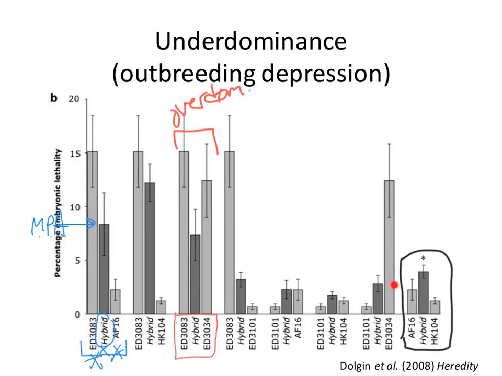So this is why I get all excited about the AF16 HK104 cross. My students, both masters and undergraduate, work with those strains almost exclusively, trying to figure out what are the genes, what are the genetic differences between HK104 and AF16 that make their kids less healthy than the parents. Some genetic combination of alleles passed from AF16 and HK104 combine in an F1 to make their kids less healthy. So that's underdominance.